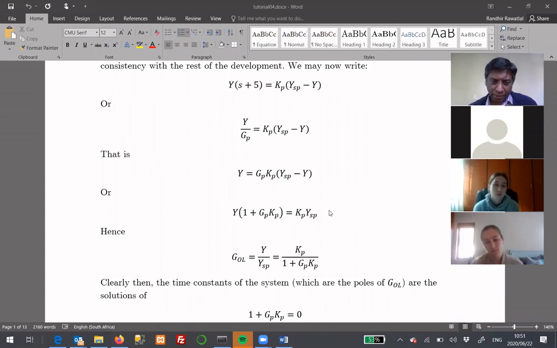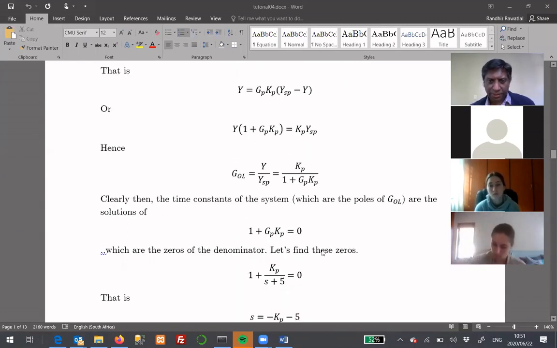So we can say now that y over ysp, if we just divide both sides by ysp and then take this across onto the other side, is kpgp over 1 plus kpgp, right? So that's now the so-called closed loop transfer function.